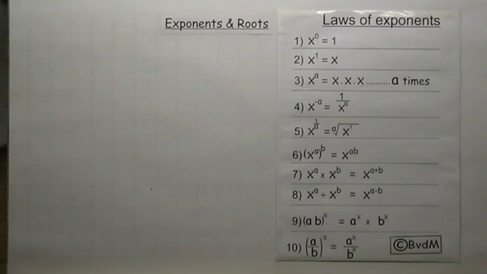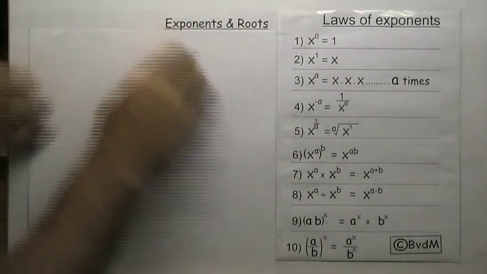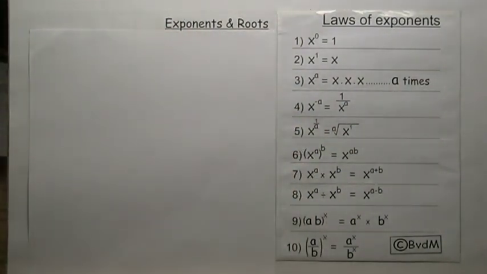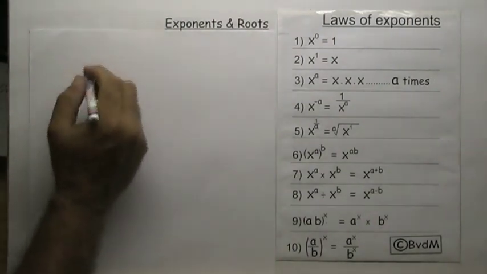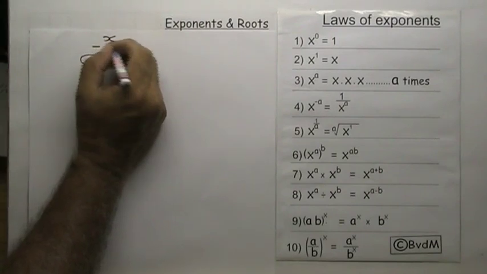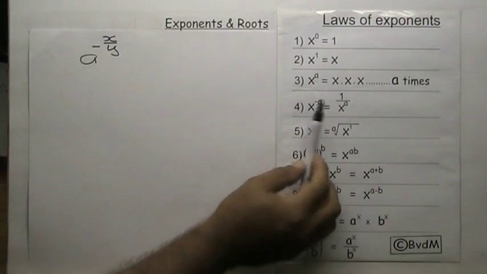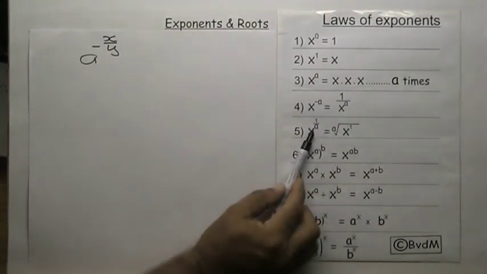I just want to do 1 or 2 more that are a little bit more complicated, when we start combining a few of these things. Now let's look at a nice combination. If I say a to the power minus x over y, I have now combined the minus and the x over y.